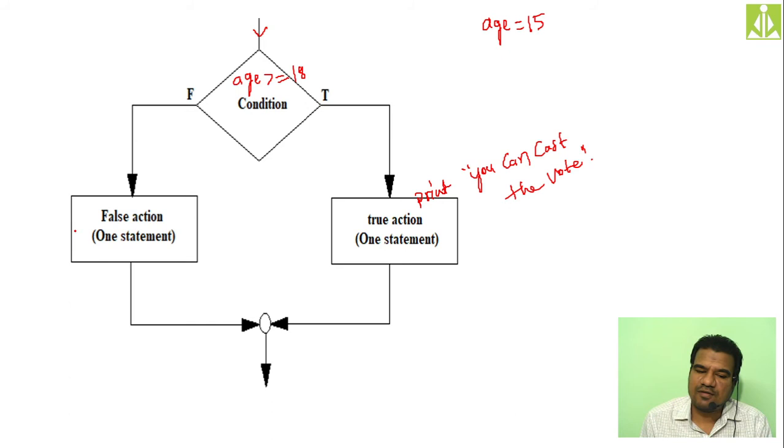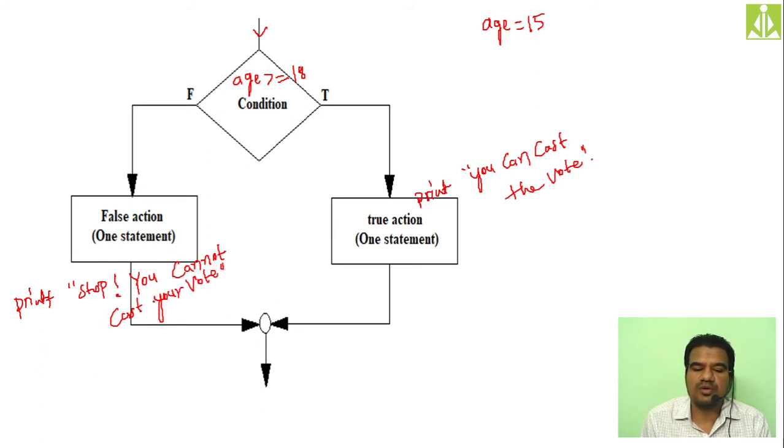So over here, in the false action, whatever action we are going to perform, we should not allow the person to cast his vote, isn't it? So printf we can put over here, or print stop. You cannot cast your vote.